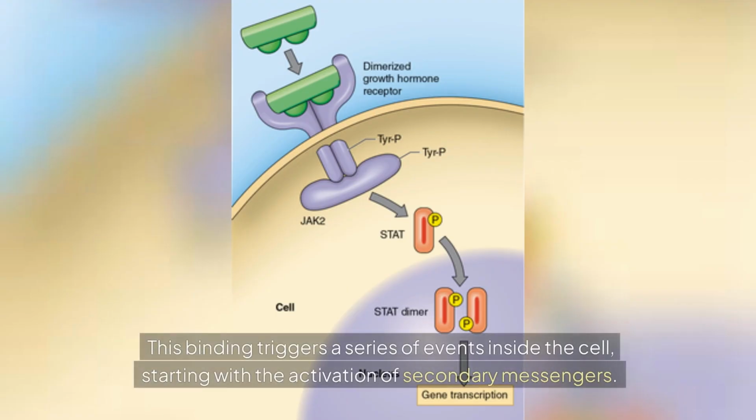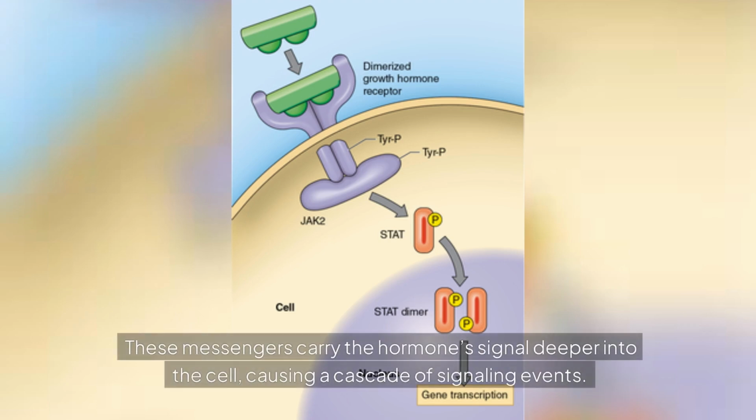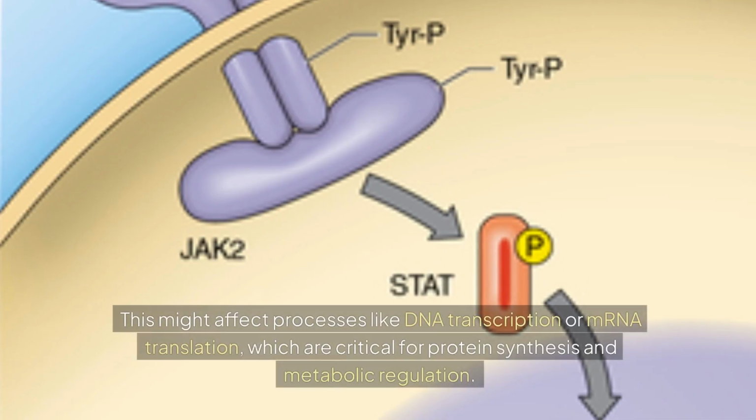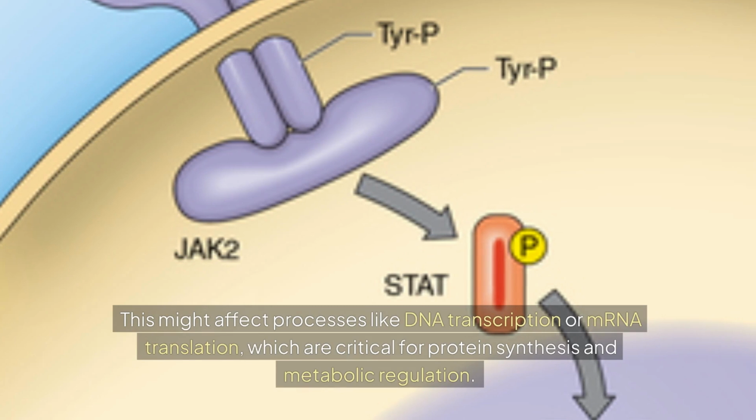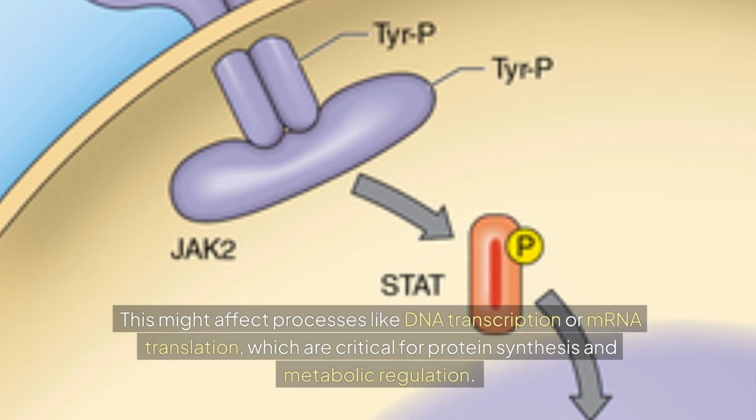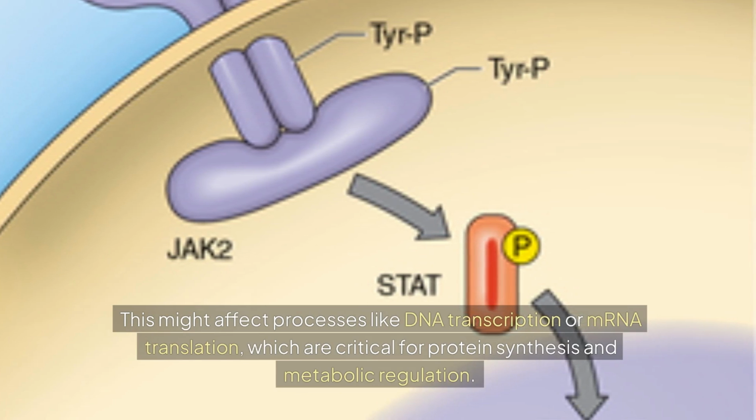This binding triggers a series of events inside the cell, starting with the activation of secondary messengers. These messengers carry the hormone's signal deeper into the cell, causing a cascade of signaling events. This might affect processes like DNA transcription or mRNA translation, which are critical for protein synthesis and metabolic regulation.